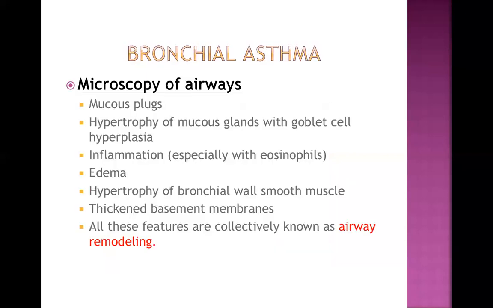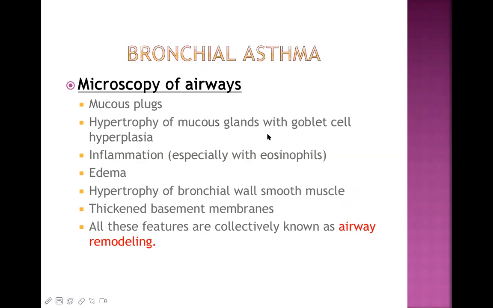Now, if you analyze the airway with microscopy, that is the morphology, the microscopic appearance of the airway, how does it look? See here. There are lots of mucus plugs present in the lumen; these are the Kurschmann spirals.